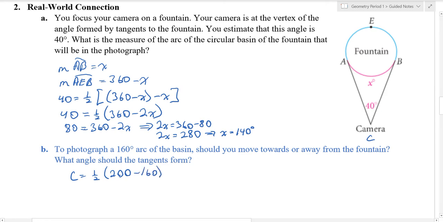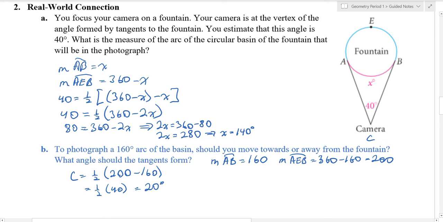And that actually comes because I know that the measurement of AB is now 160, and I know that the measurement of AEB is 360 degrees minus 160, which gives me the 200. All right? That's where the 200 came from and where the 160 came from. So now that we have that, that equals 1/2 times 40, which gives me 20 degrees.